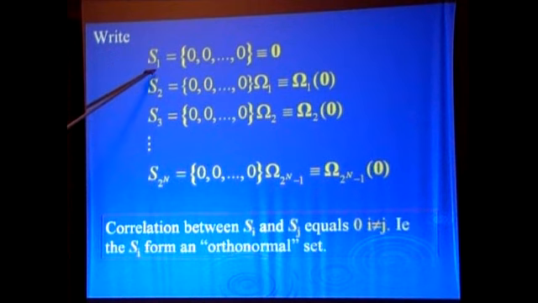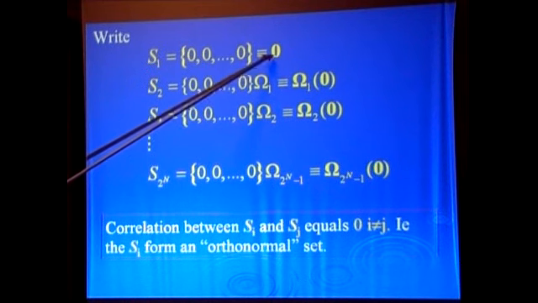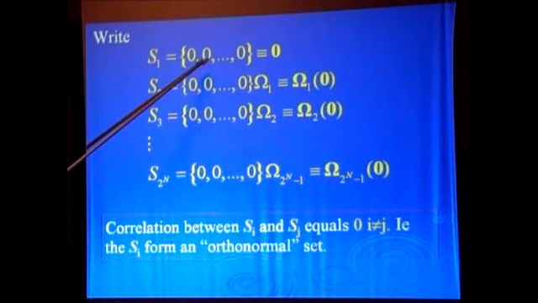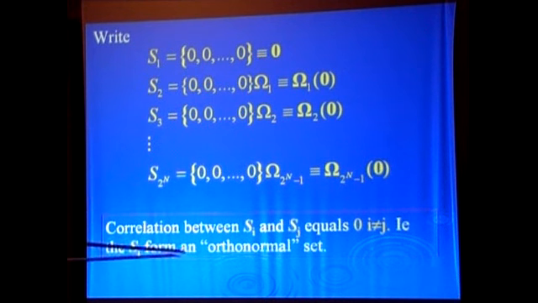In particular, if you take these 2 to the n minus 1 square roots of minus 1 and consider the identity as well, and apply them to just sets of zeros, you'll get 2 to the n sequences. They're pairwise orthogonal, so the correlation between any two members of this sequence will be 0. And so I'm calling them an orthogonal set.